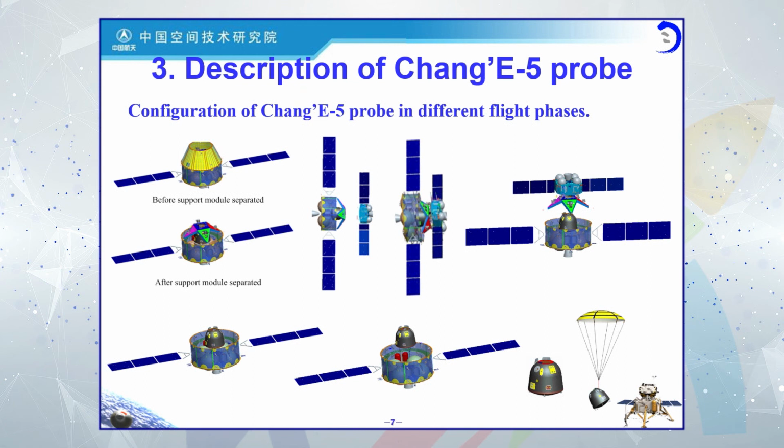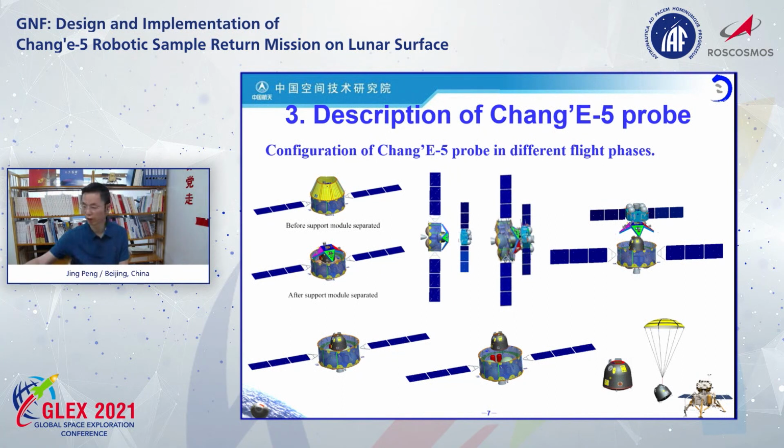In the second row, it is in turn the flight configuration of the complex of the return capsule and orbiter on lunar low orbit and the moon-to-Earth transfer orbit. Then the configuration of the return capsule separating from the orbiter. The last one is the configuration of the return capsule with the parachute. Next slide, please.